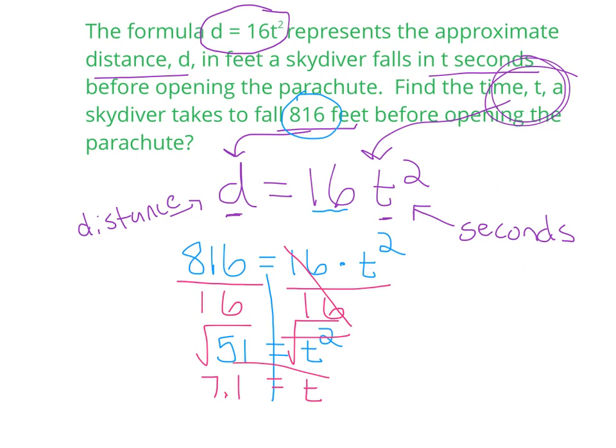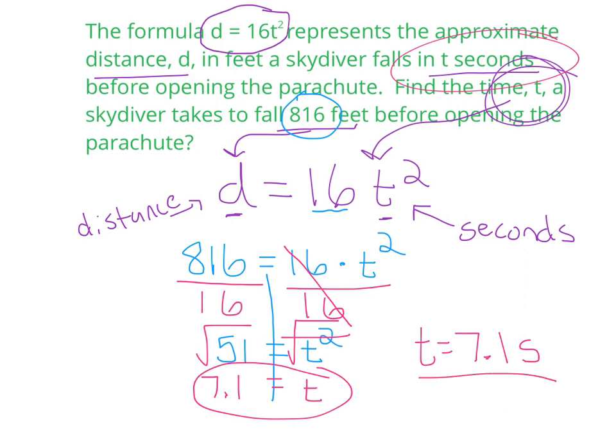So t equals 7.1, but what did I just figure out? What does t represent? Oh yeah, seconds. So t, 7.1 seconds. It would take 7 seconds to fall 816 feet before the skydiver has to open their parachute.